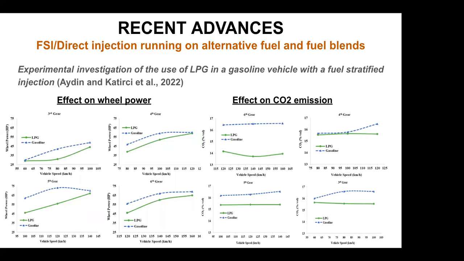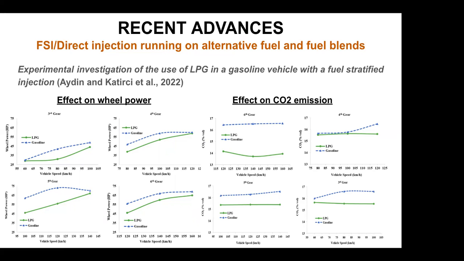When LPG fuel is compared with gasoline, there is a 10% reduction in power value. Next, in the fourth gear level, the maximum power was measured as 16 horsepower in petrol fuel at 120 km per hour. When LPG fuel is compared with gasoline, there is a 1.6% reduction in power value.